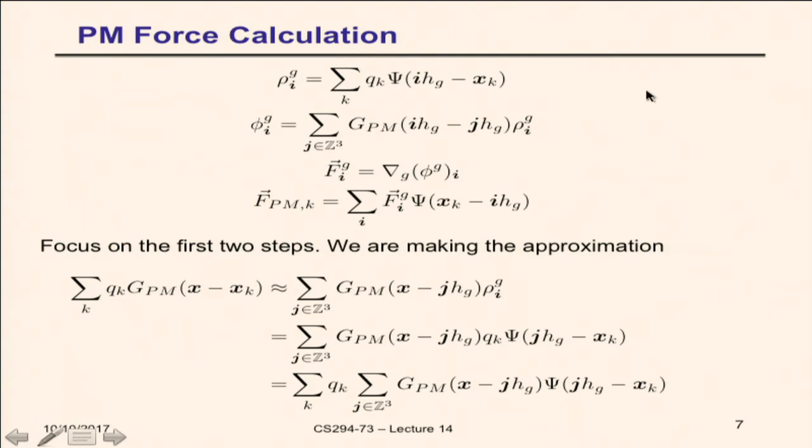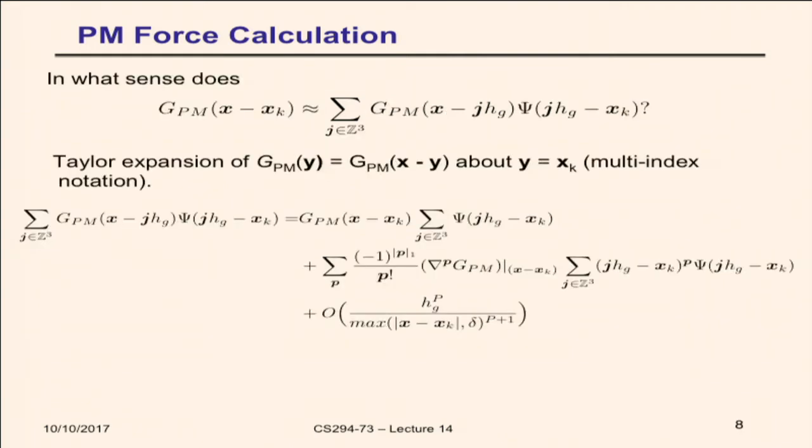So the point is that in depositing the charge, the way we are approximating it induces an approximation to the particle mesh part of the Green's function, that gpm of x minus xk is the sum over mesh points of gpm of x minus jhg times psi of jhg minus xk. So this is the thing that is meant to approximate this. Does it approximate it? This is all just following the definitions around and seeing what you get. So in what sense does this guy here approximate this guy here?